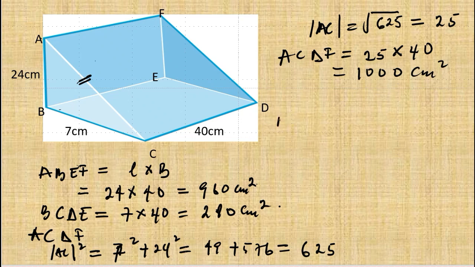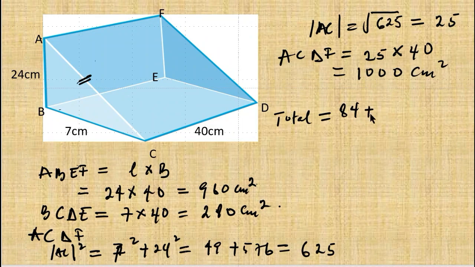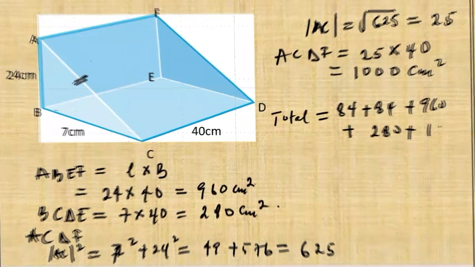So the total surface area of this shape can now come from, let me pick them one by one. That of the triangles, that's 84 centimeters squared and 84 centimeters squared. 84 plus 84 plus 960 plus 280 and plus 1000.